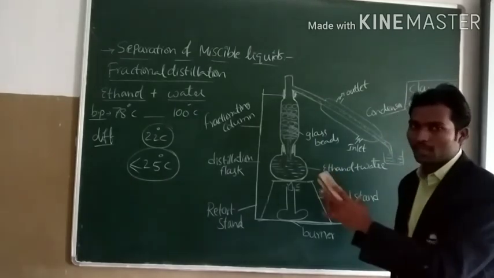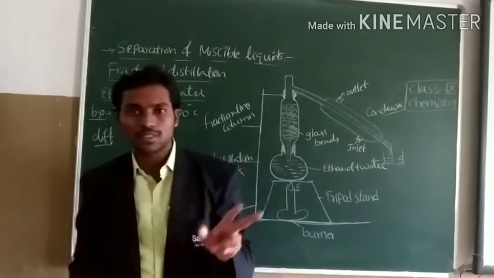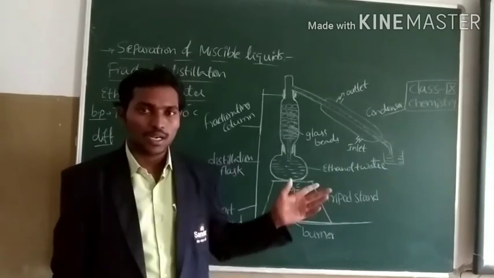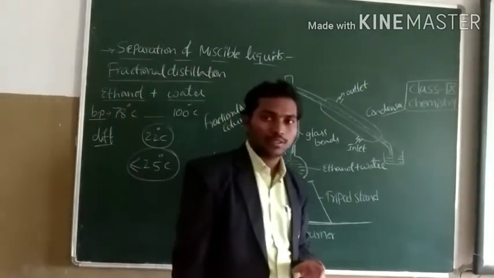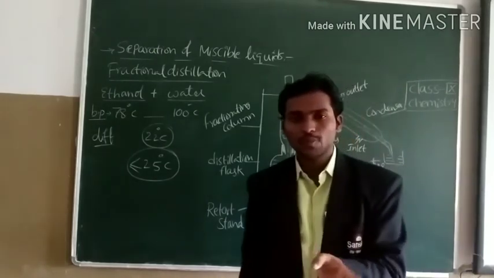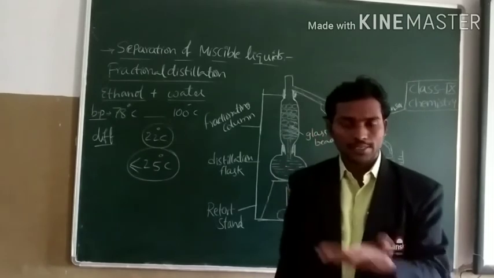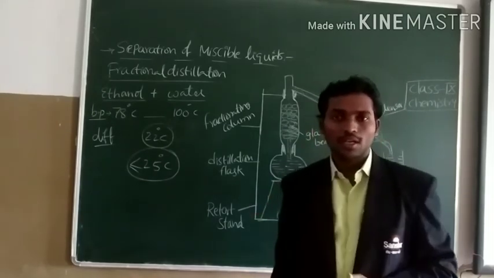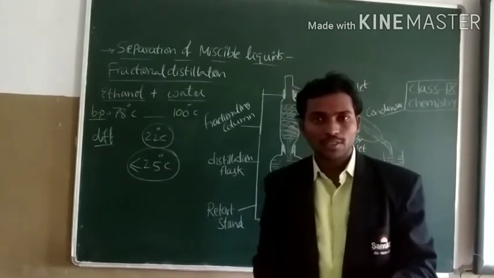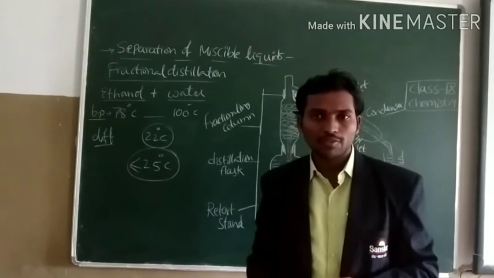So this is the way we can separate miscible liquids, children. Miscible liquids can be separated by two techniques: one is simple distillation, another is fractional distillation. We choose simple distillation when the boiling point difference between the two liquids is more than 25 degrees Celsius. And we choose fractional distillation when the boiling point difference is less than or equal to 25 degrees Celsius.